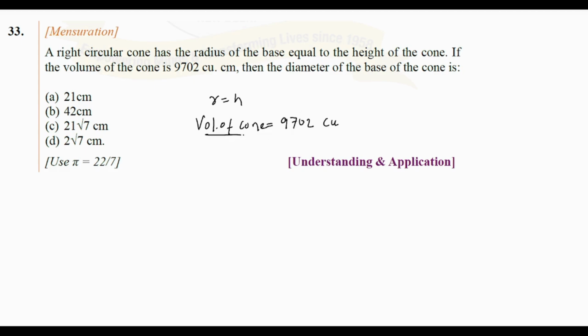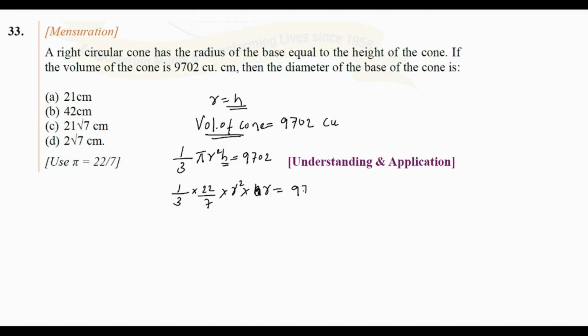You must know the formula, 1 by 3 pi r square h is equal to 9702. So 1 by 3 into 22 by 7 into r square into h. In place of h I can write r, directly. Clear, children?